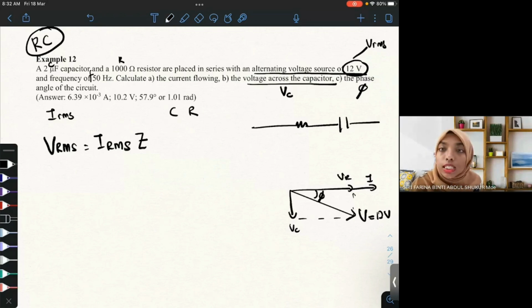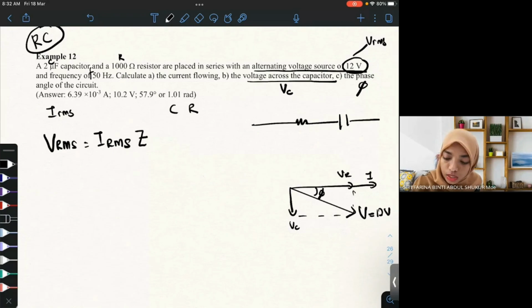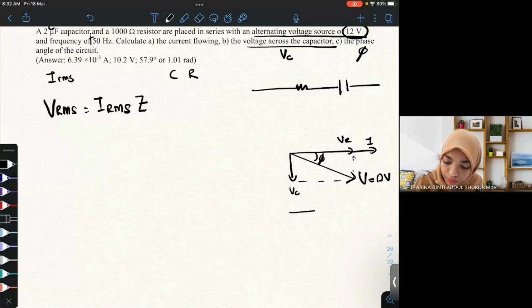Okay, so kita kena cari Z. So graf yang sama ni akan jadi resistor, reactant dan juga Z kita.